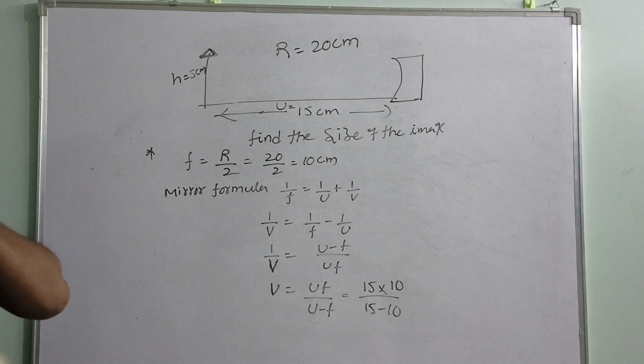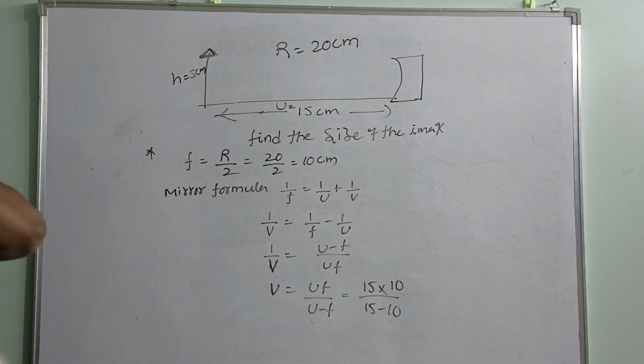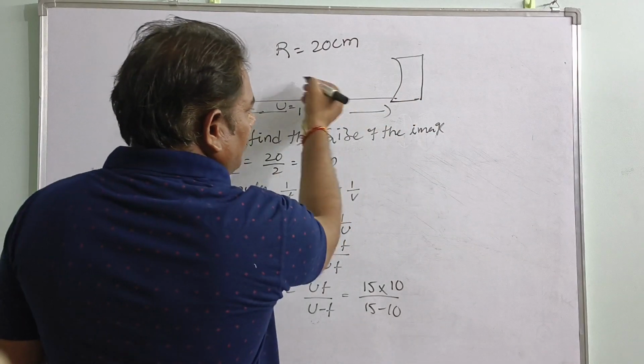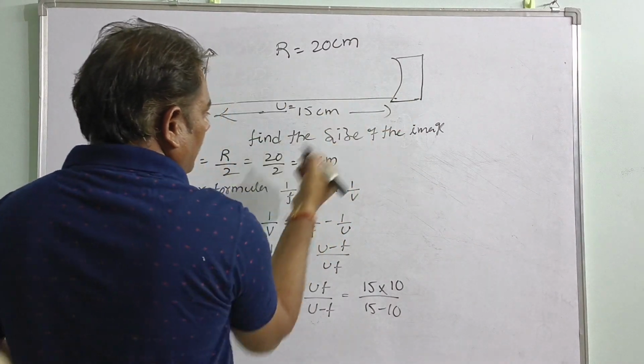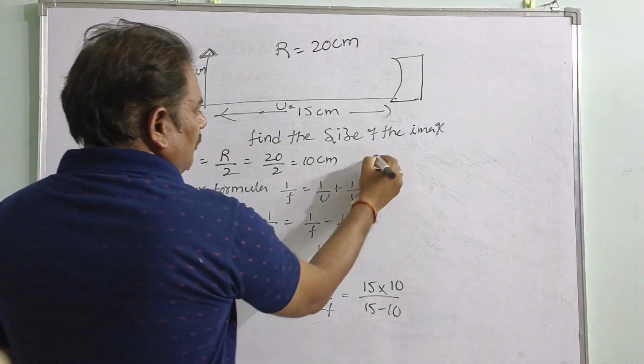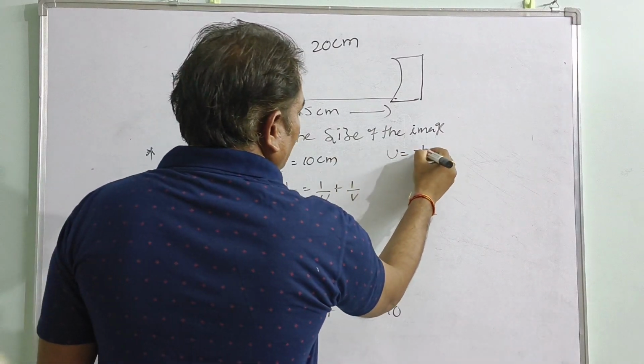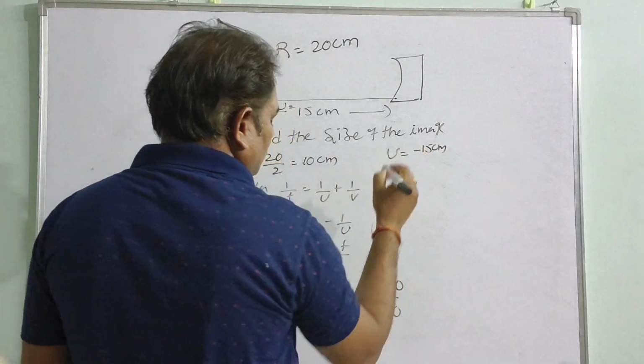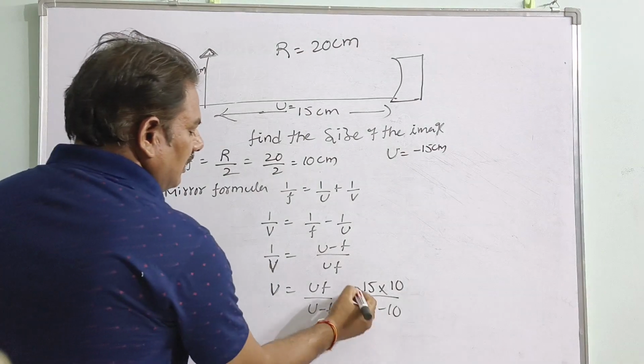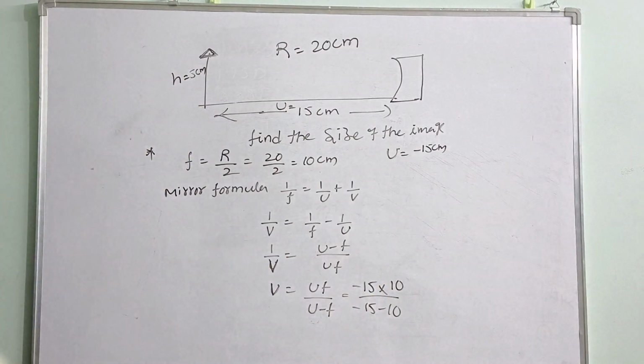Here in the question, they have given the distance as 15 centimeters from the concave mirror. So then the u value is equal to minus 15 centimeters.